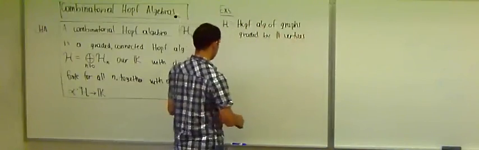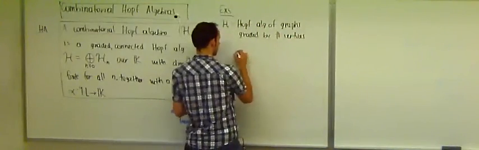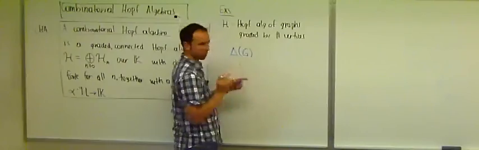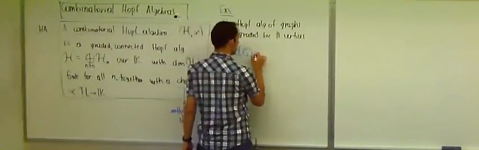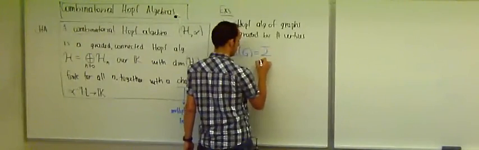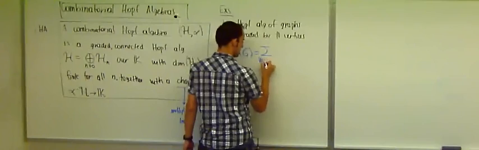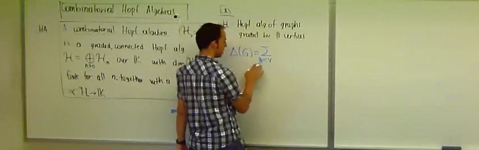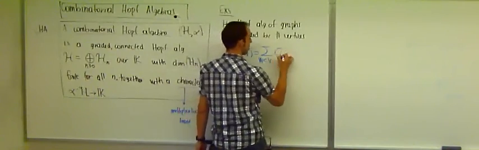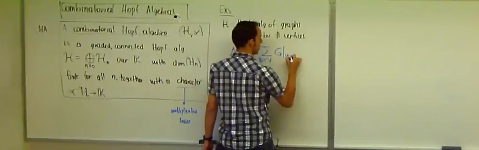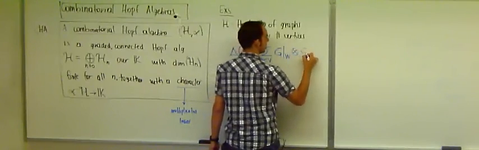We've talked about at least two Hopf algebras of graphs, and the one that I'm talking about here is the one where the coproduct is given by summing over all the subsets W of your vertex set, and then you restrict to W, and then you restrict to the complement of W.